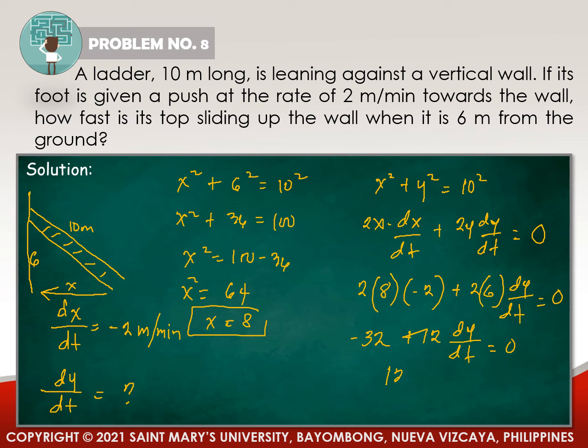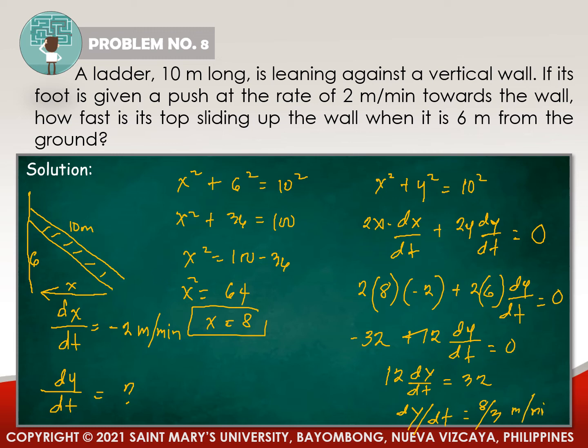So, we have 12 dy over dt equals negative 32 transposed to the right, positive. So, divide both sides by 12. So, dy over dt is equal to 32 divided by 12, which is equal to 8 over 3, or 2.67. So, gamitin natin fraction. Simple fraction naman siya. 8 over 3 meters per minute.